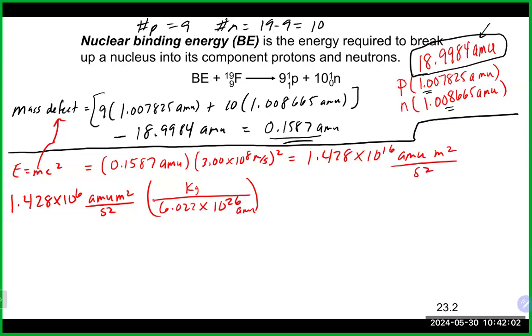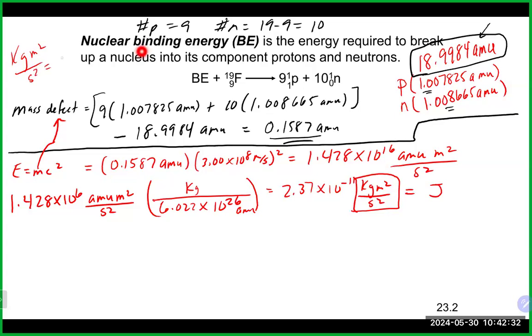So instead of 23, 26 to go to kilograms, that will get us 2.37 times 10 to the minus 11 kilogram meter squared per second squared. And you hopefully should recognize that is the same thing as a joule. So a kilogram meter squared per second squared is equal to 1 joule, and that means we would then have 2.37 times 10 to the minus 11 joules.